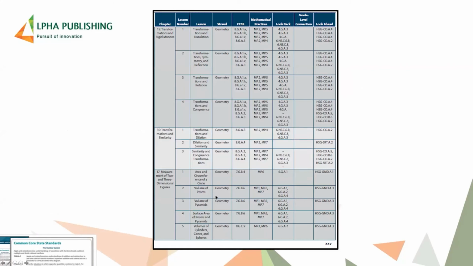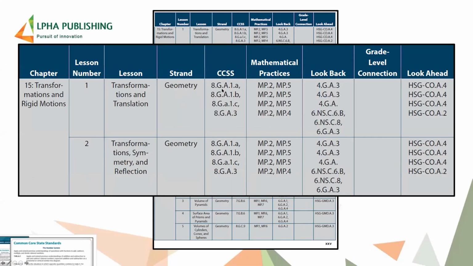Okay, let's start with planning. At the beginning of our books, we have our scope and sequence. This gives you a big picture overview of what the books are going to take you through from chapter 1 at the beginning of the year through chapter 17. In the scope and sequence, we give you the chapter title, the lesson title, the strand of Common Core.